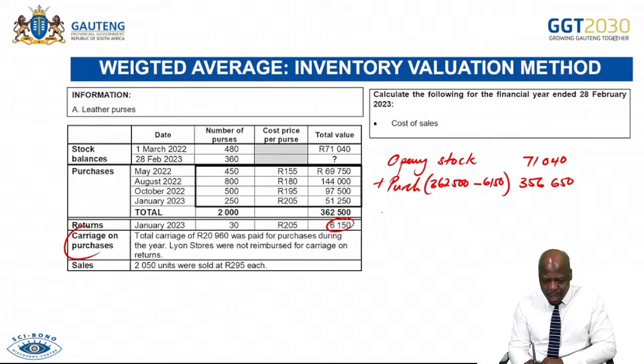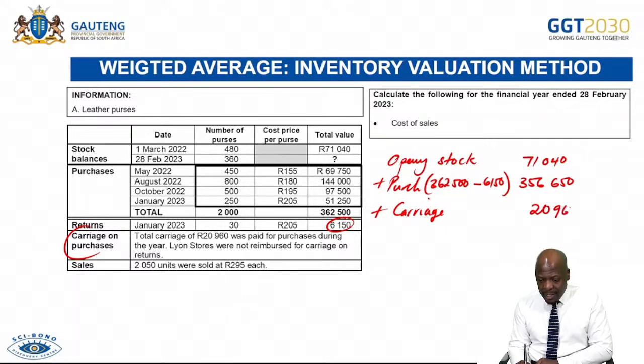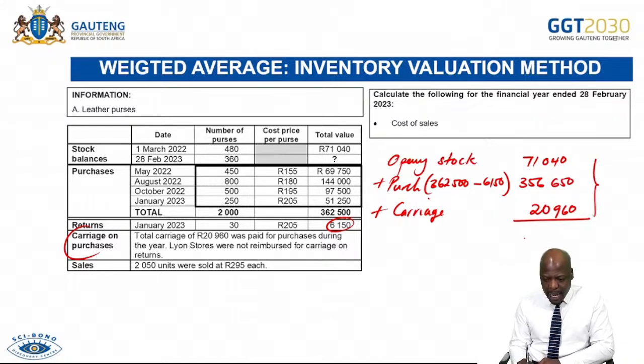Okay. Then what do I come and add? I'll add my carriage. Then I'll say plus carriage. When I add my carriage, which is 20,960, and then I add these three figures here, I will get 448,350.